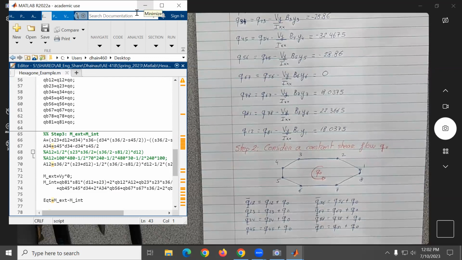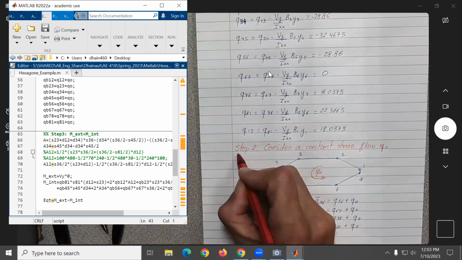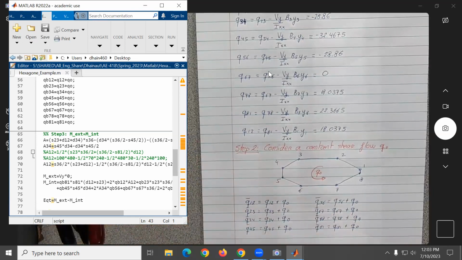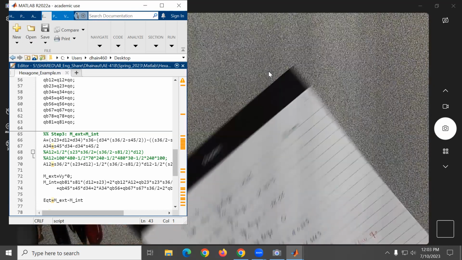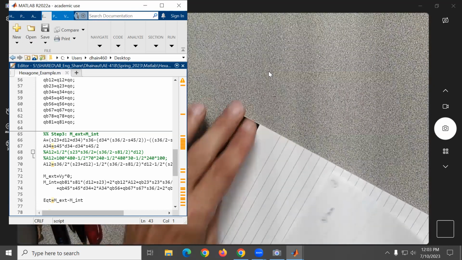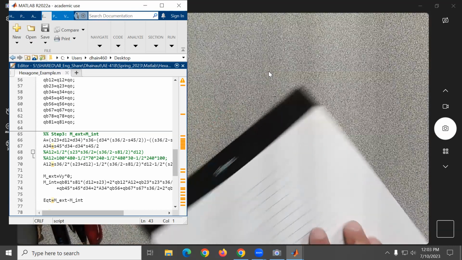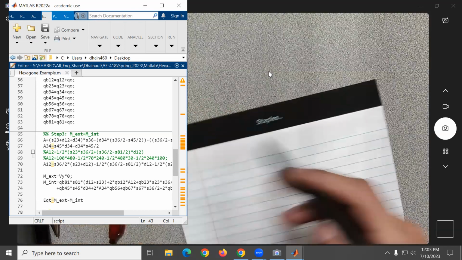What should be step 3? We need the moment equivalence: the moment created by the external forces needs to be counter-reacted by the internal forces. We could do summation of moments equal to 0, but I think it's better to think that whatever is external needs to be counter-reacted by the internal.